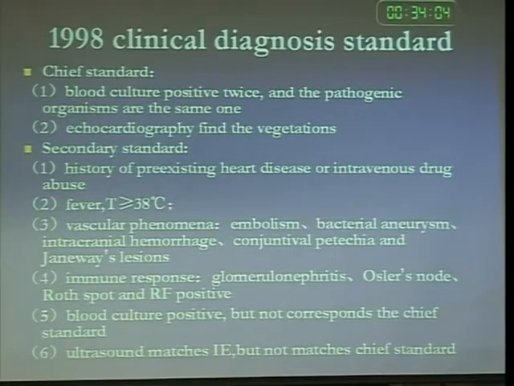What's the major standard? I just said blood culture is very important for infectious endocarditis because infectious endocarditis is always caused by a microorganism. If we can identify the organism, we can make sure what the cause of that disease is.